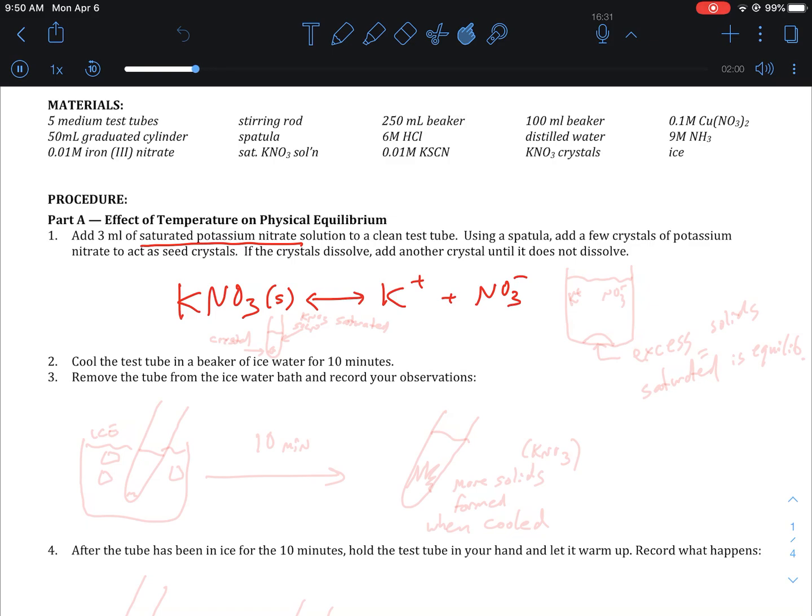Remember, what saturated means is it has dissolved as much as it can. One piece of evidence of that is that if you added more KNO3, then it would just stay as a solid. It would not dissolve anymore. Even if you stirred it, even if you shook it up, that amount of solid here, seeing that is evidence that you're at equilibrium. The state of being saturated is equilibrium.